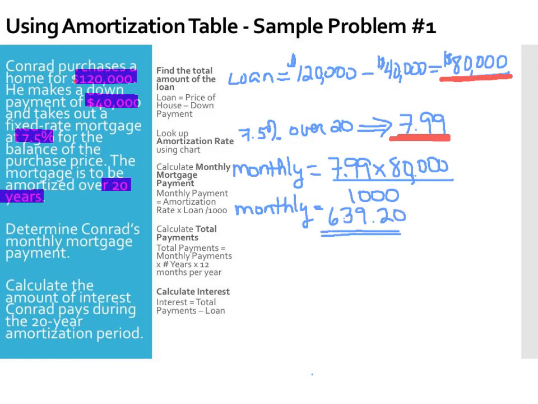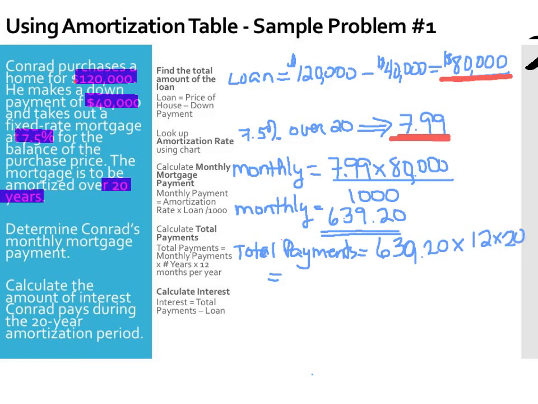Now what we want to find out is if this loan didn't change for the 20 years, how much would Conrad pay in total for the loan? So his total payments is going to equal $639.20 because that's what he's paying monthly, and we're going to times that by 12, and he's paying that for 20 years.